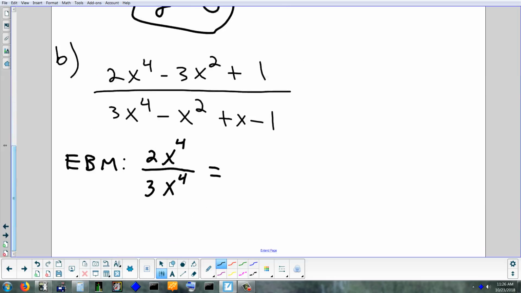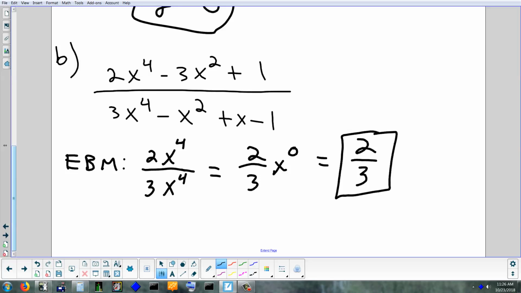All right. And what's going to happen there? X to the 4th divided by x to the 4th. If you think of it kind of like subtracting them, it's x to the 0 power. Anything to the 0 power is 1. So we just get 2/3 as my end behavior model. There's no variable in it at all.